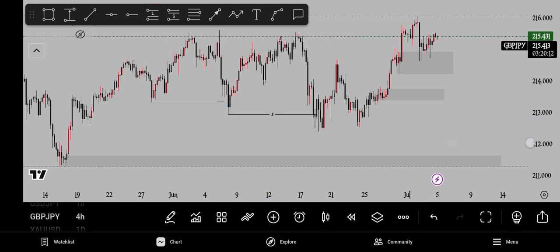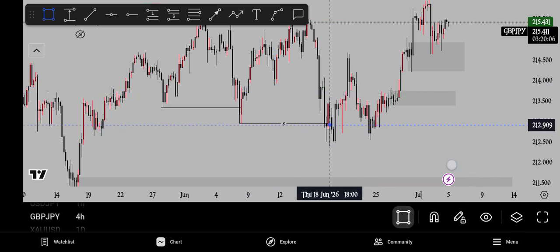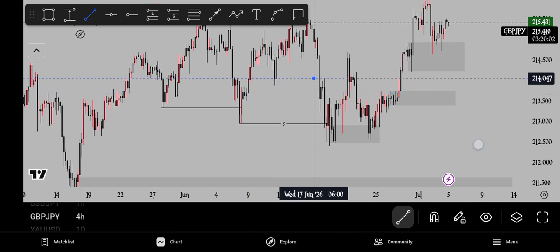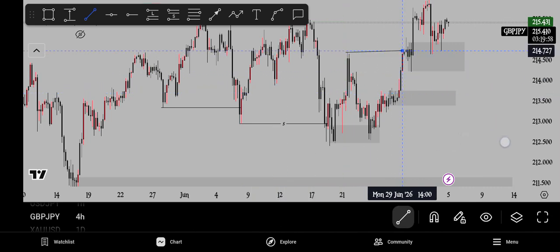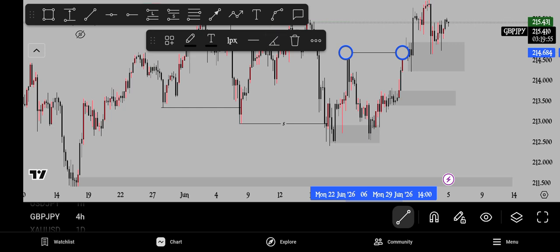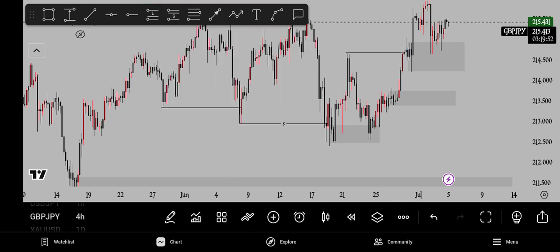after price swept this liquidity, this daily liquidity, and after price using this demand, it's created what? A break of structure to the upside.